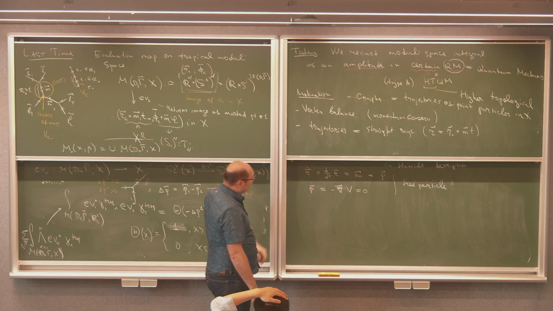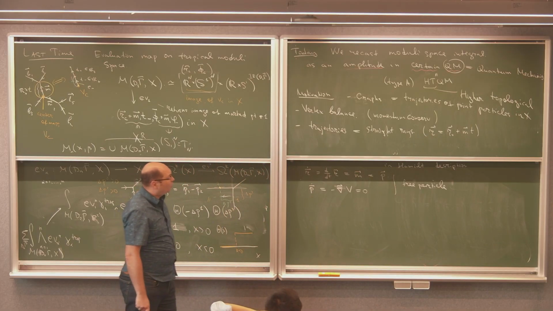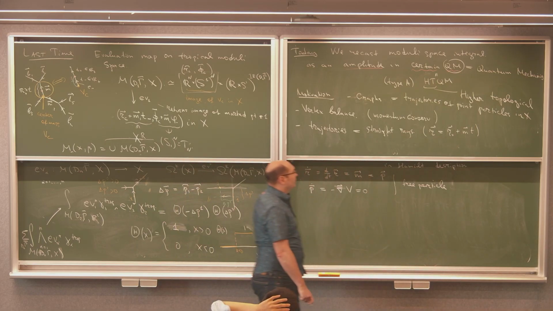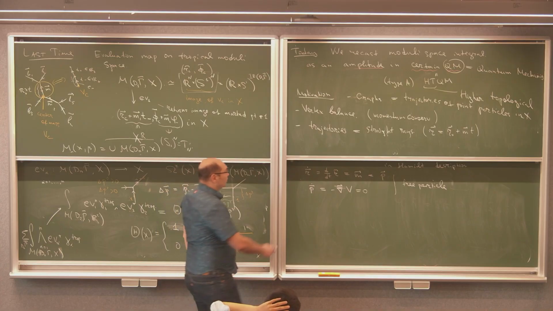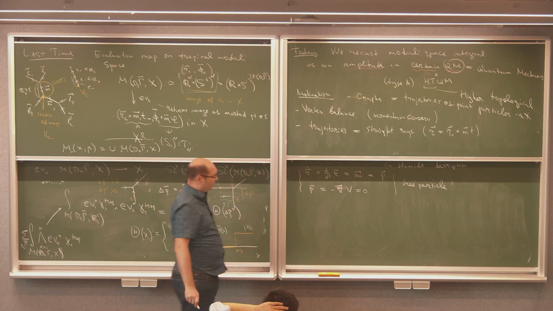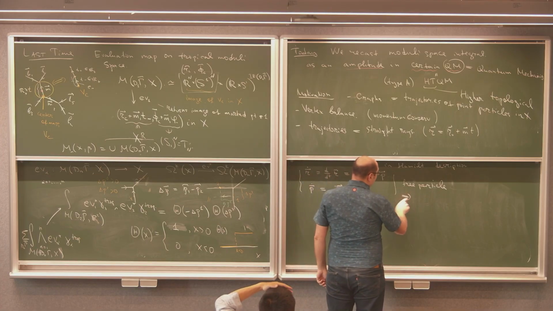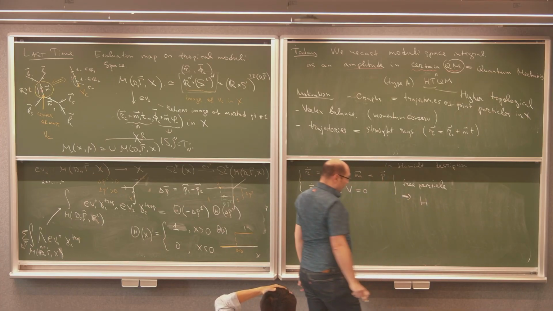So we already recasted this motion with a constant velocity m as a solution to a certain Hamilton equation. Now from these Hamilton equations we can extract the Hamiltonian function.